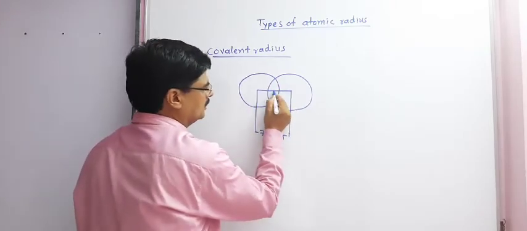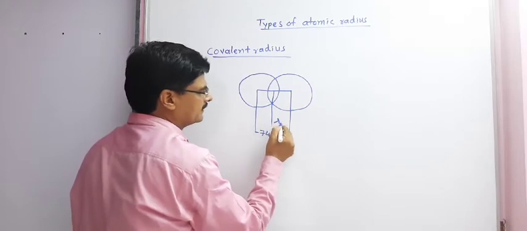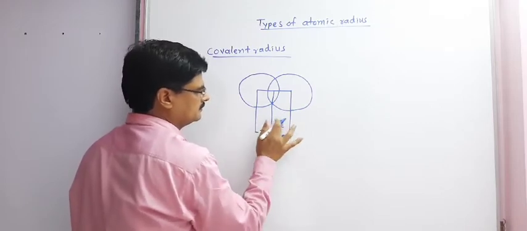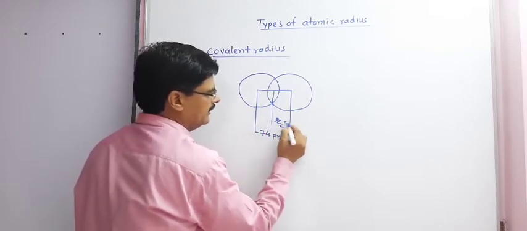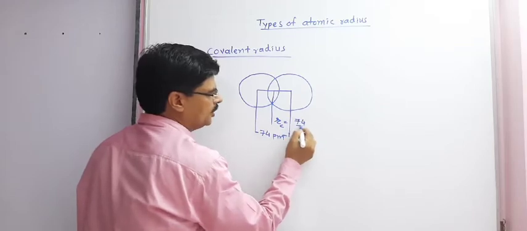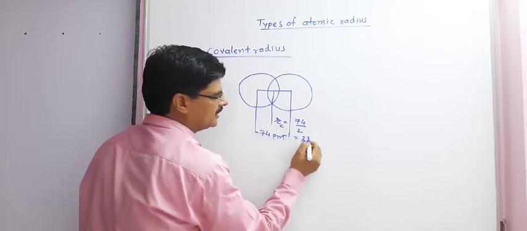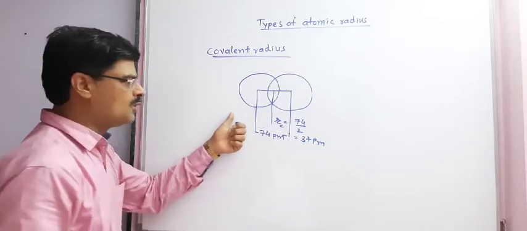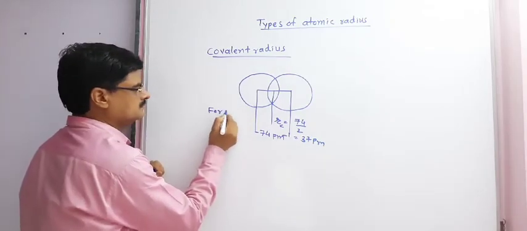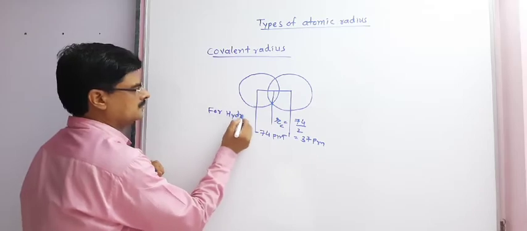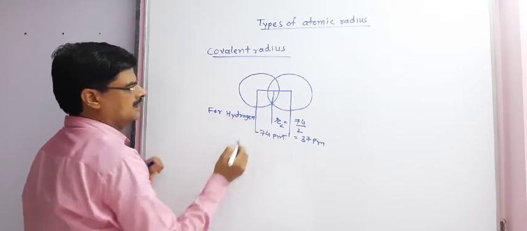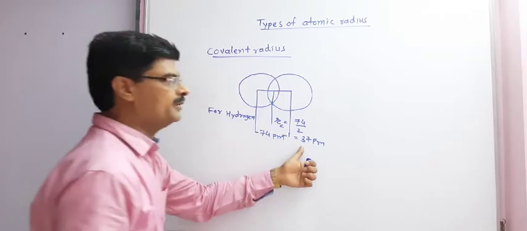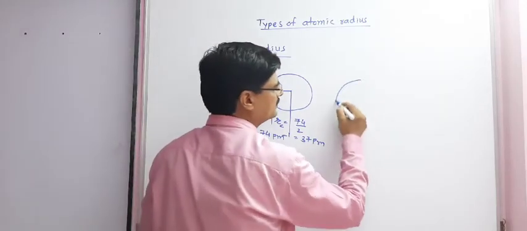Therefore, covalent radius is equal to 74 divided by 2, that is 37 picometer. So, covalent radius of hydrogen is 37 picometer.